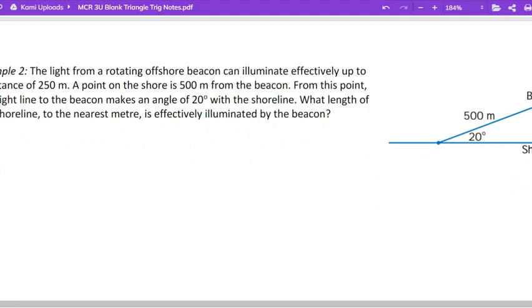Anyone a bit confused? This is a bit of a confusing question. So I'm going to start adding pictures to it.